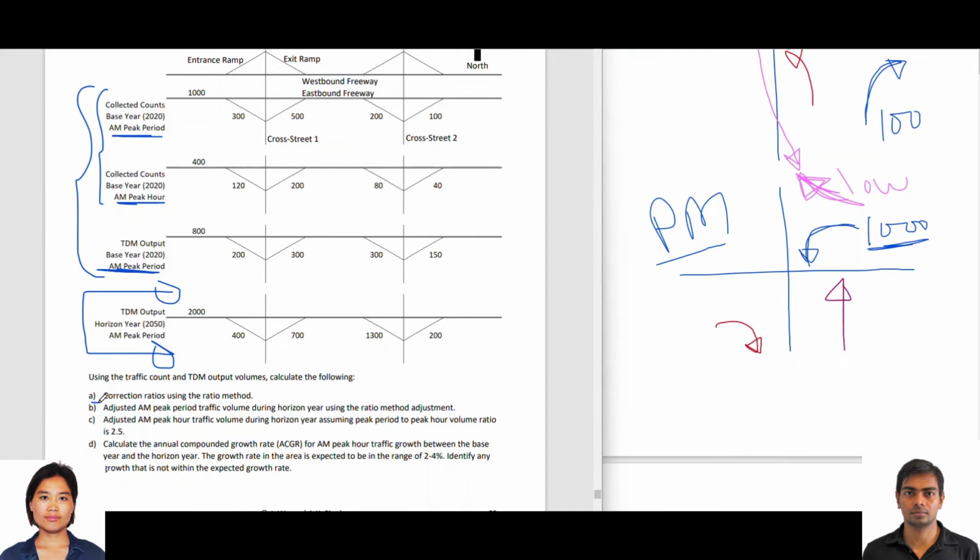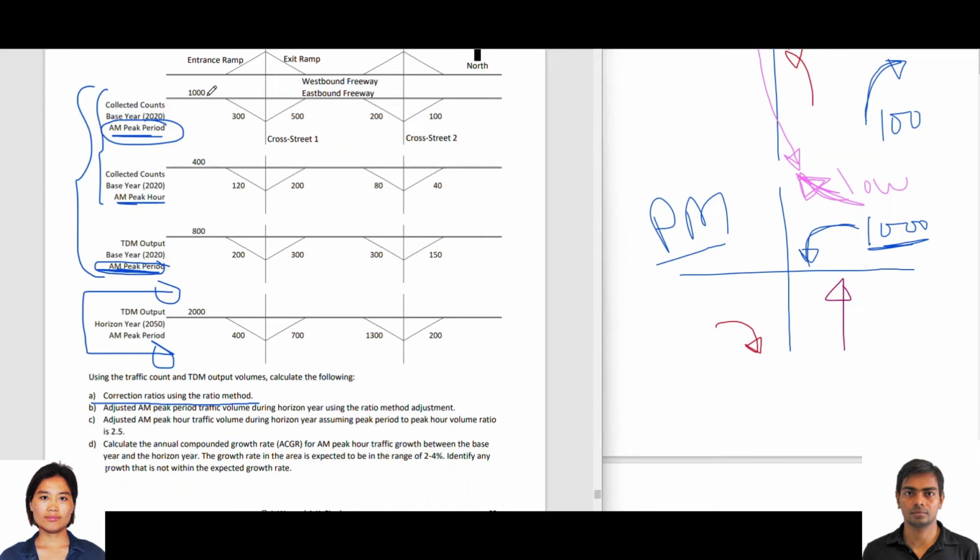So the first thing is to calculate the correction ratio using a ratio method. First we need to figure out what correction ratio we are going to use. We'll take this peak period and compare it with the TDM peak period to figure out the correction ratio.